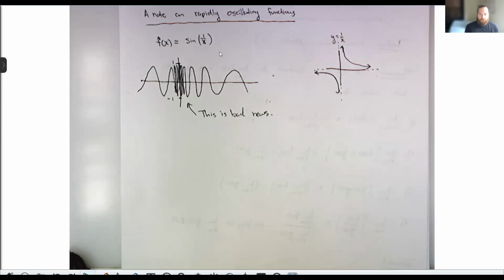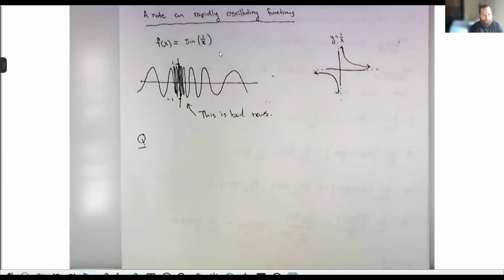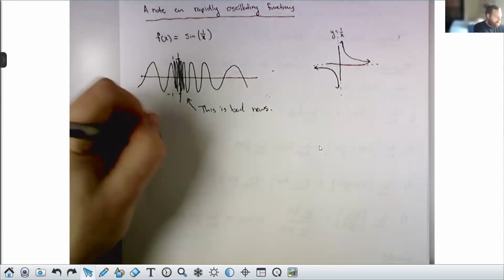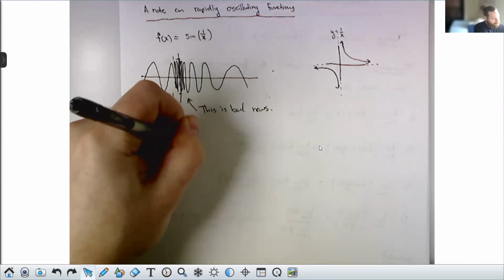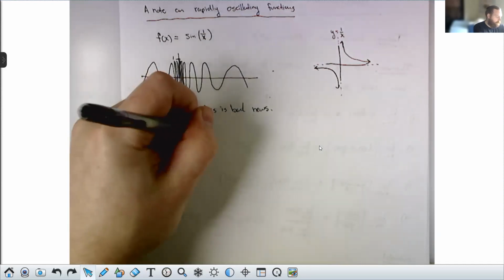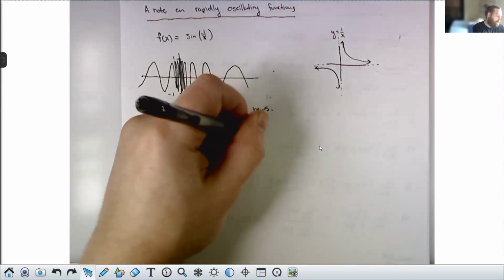So we have to ask ourselves, does the limit as x approaches 0 of sine 1 over x exist?